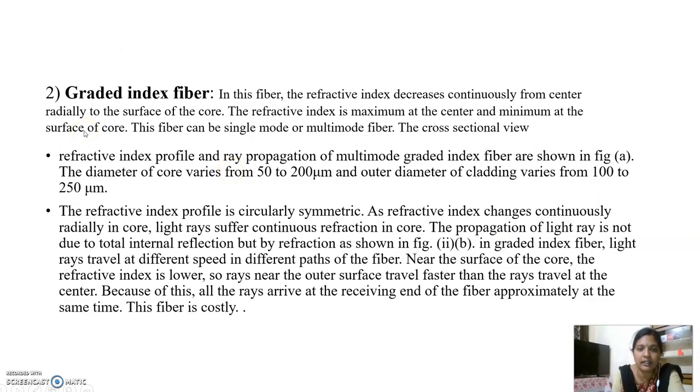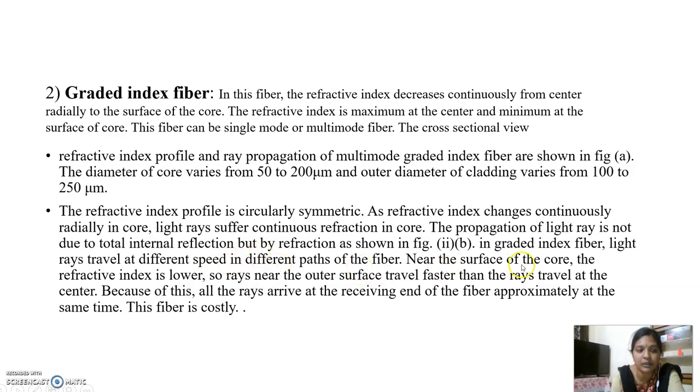Here the refractive index decreases continuously from the center of the core towards the cladding. Again, this graded index can be classified into single mode and multi-mode. In the case of multi-mode graded index, if you take the core diameter 50 to 200 micrometer and the cladding 100 to 250 micrometer, then the refractive index is circularly symmetric. The propagation of the light ray is not due to total internal reflection but by refraction. In graded index fiber, the light travels at different speeds at different paths of the fiber.